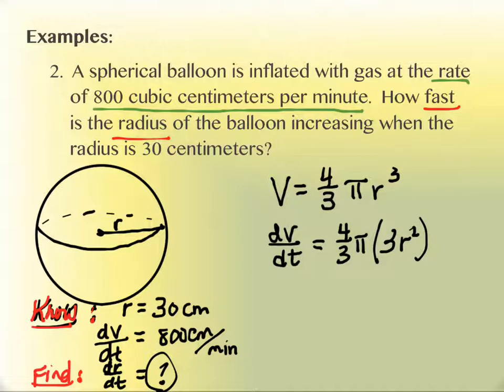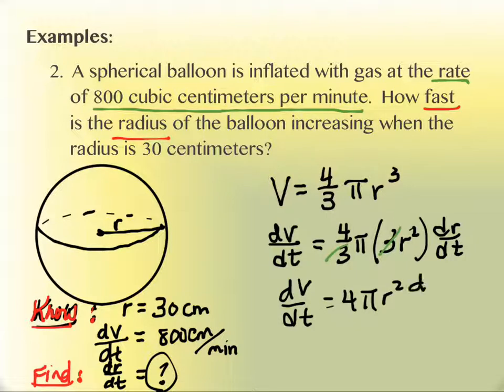And then what do I need? dr dt, yeah. Remember, this r is a variable that's changing with respect to time. So when I take the derivative of the r cubed, I have to take the derivative of the r itself, and the derivative of r itself is dr dt. It's sort of a hidden, if you will, inside derivative, like a chain rule. The nice thing about this is that this 3 and this 3 simplify, right? So this dv dt could actually be written as 4 pi r squared dr dt.